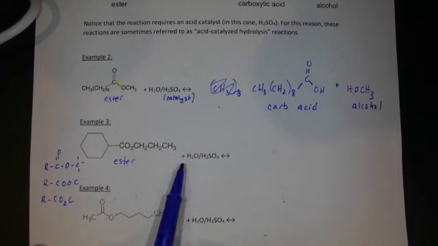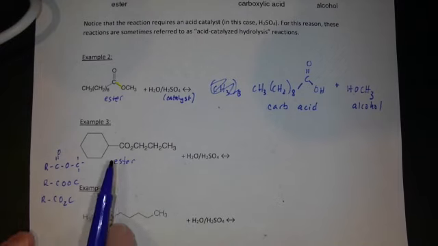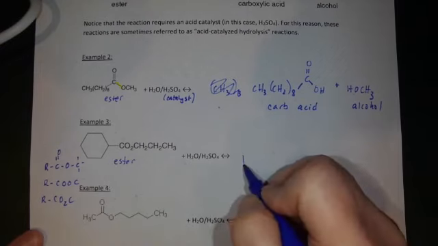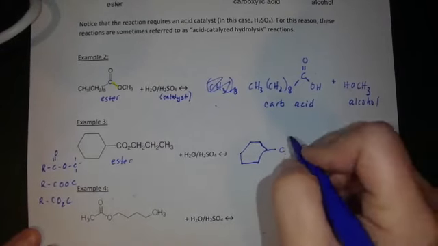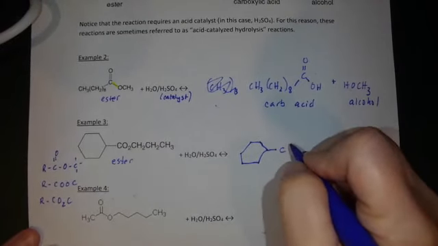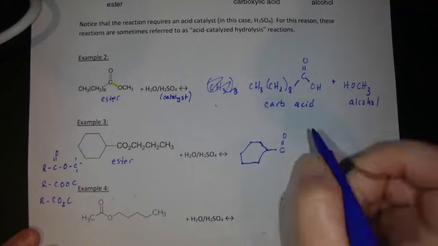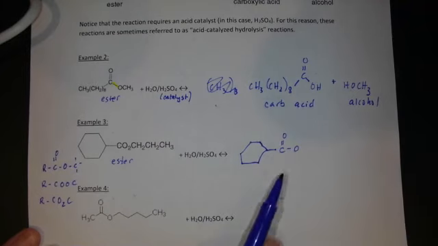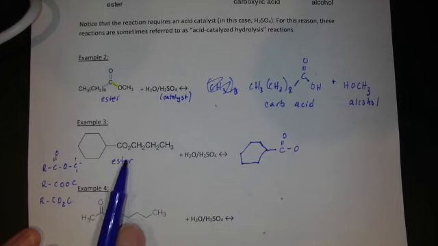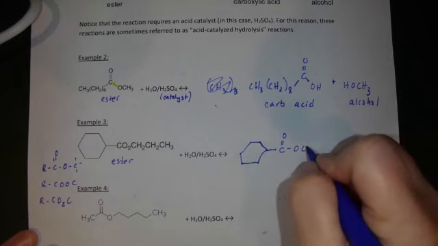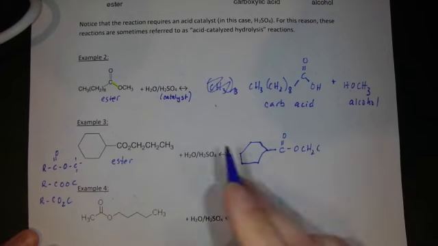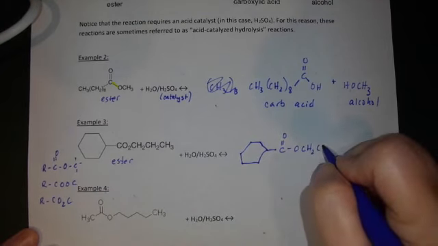Excuse me, we're reacting with water. And so I know that we will end up with carboxylic acid and alcohol. Here is the COO part here, and this is the ester bond that will break. So what I'm doing right now is unabbreviating this so that you can see it a little bit better.